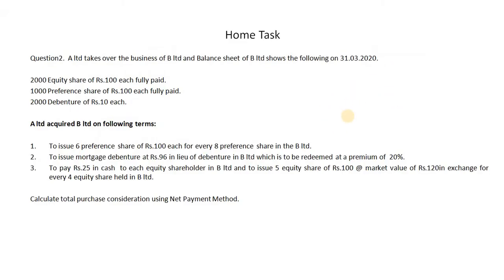So let's see point number 2. Point number 2 talks about issuing mortgage debenture at rupees 96 in lieu of debenture in B Limited, which is to be redeemed at a premium of 20%. Okay, this point talks about debenture holders of B Limited. So how debenture holders of B Limited will be discharged.